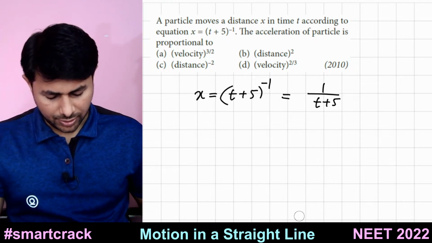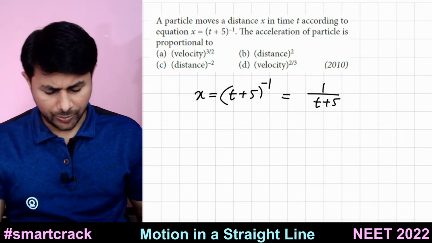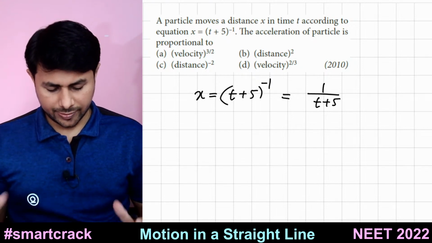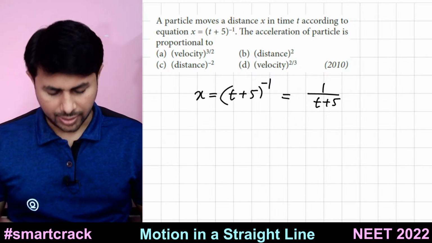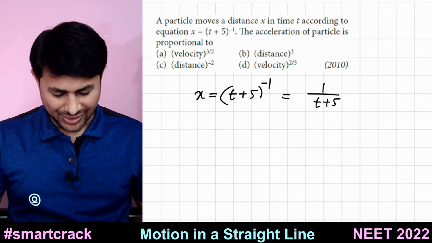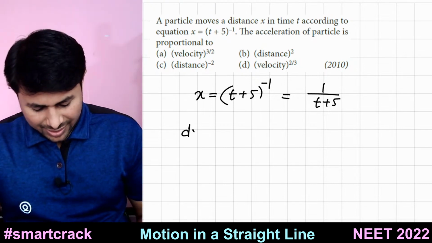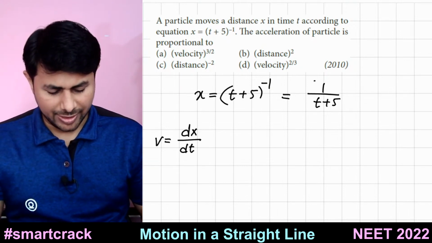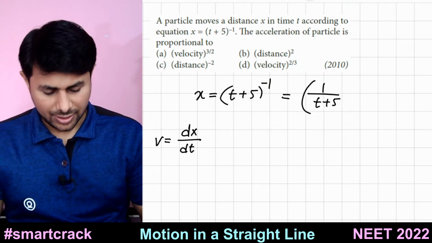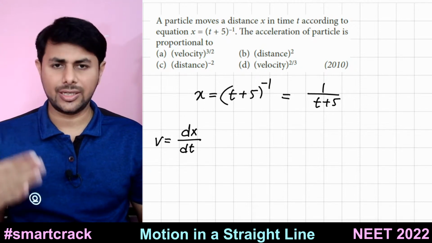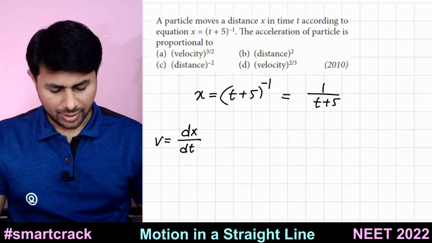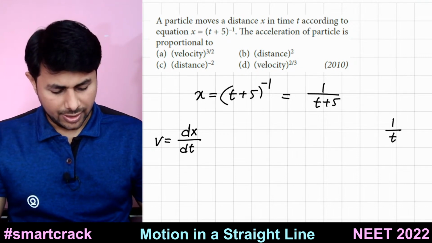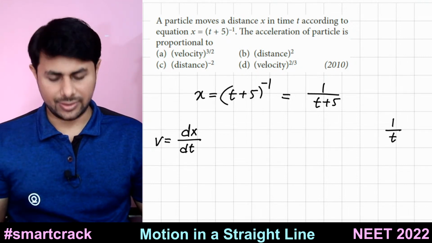So let's try to solve this. We have to find velocity and acceleration. Now dx by dt gives me velocity, and it will be the derivative of this thing. The derivative of 1 over t is minus 1 over t square.